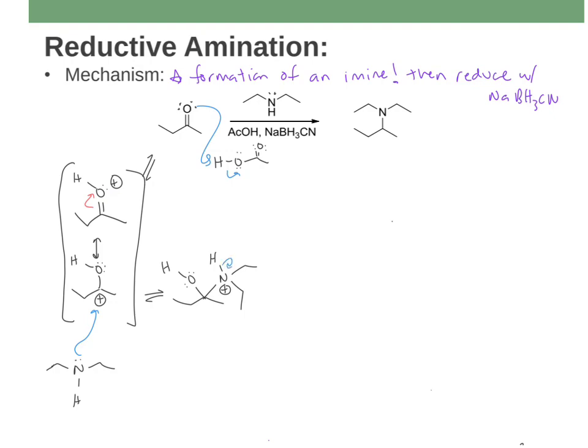So nitrogen's going to take back electrons. We're going to have H available now. That hydrogen could go back on the nitrogen, which is why this is a reversible step, or the alcohol could pick it up, give us something new.